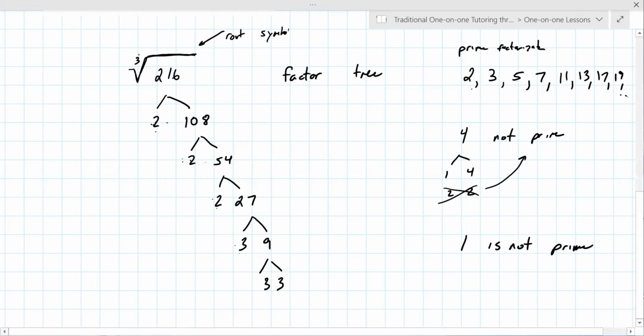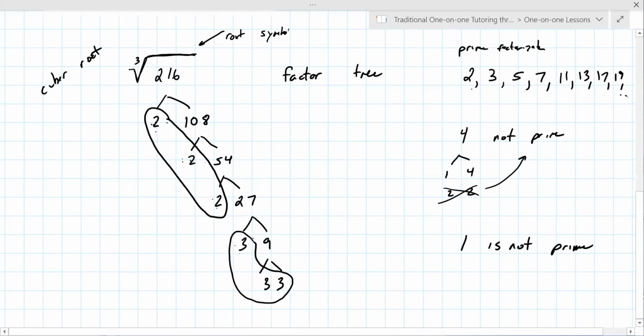Because you're looking for a cube root here, you're looking for triples. You're looking for 3 numbers. See how there are 3 numbers there, three 2s, and three 3s here. For each triple, you can bring one out. So you can bring a 2 out of the root, and you can bring a 3 out of the root.